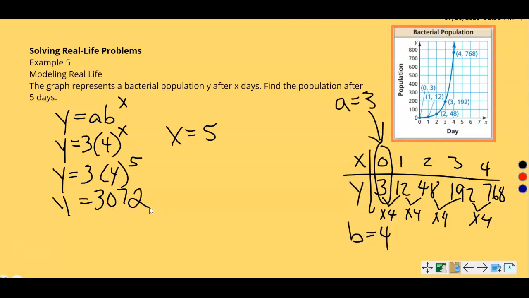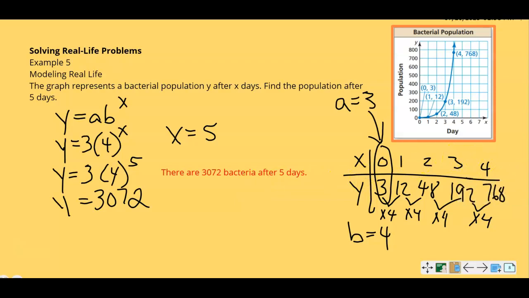So we can say, it says the graph represents bacterial population. So we can conclude that there are 3,072 bacteria after 5 days because we substituted 5 in for the number of days. All right, so I typed that answer here so you can read it a little bit better.